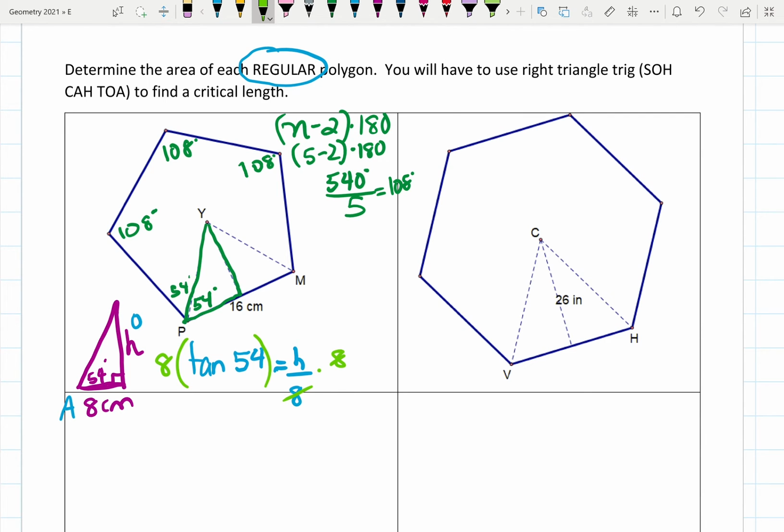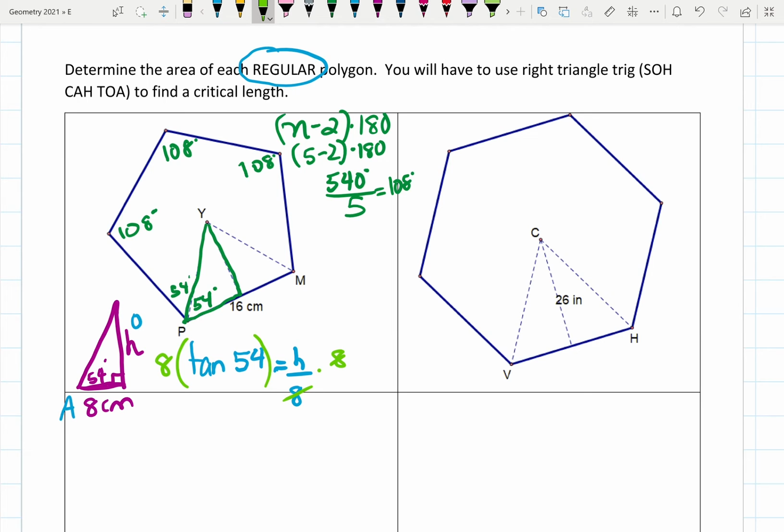And be careful not to use the wrong column in the trig table, which I did earlier. When I do 8 times the tangent of 54 degrees, you'll go look that up in the trig table.